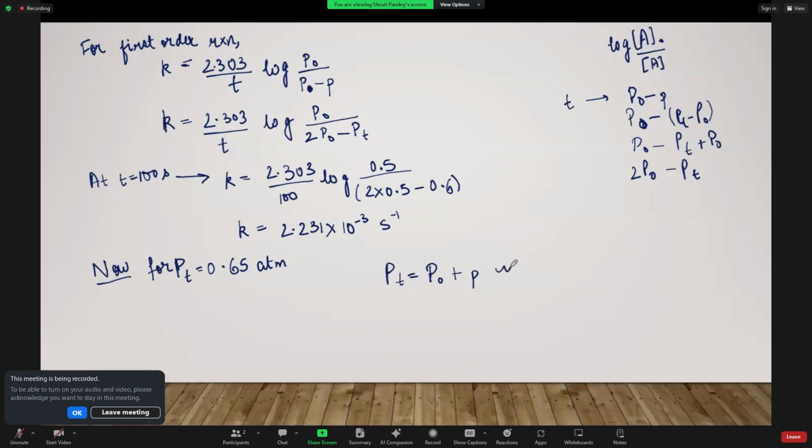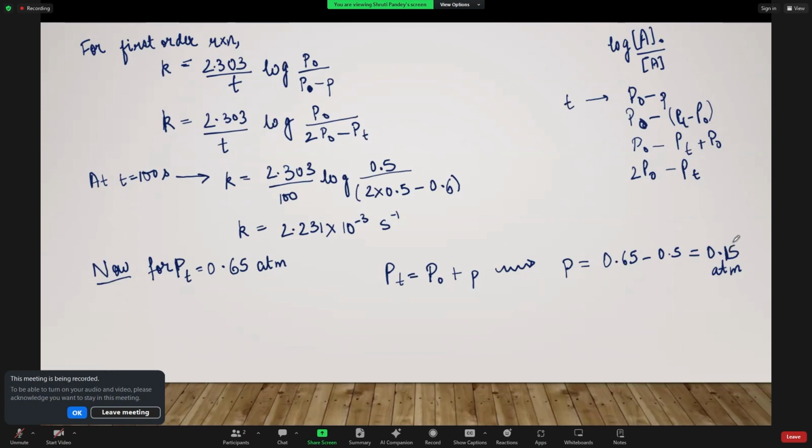So according to this convention, जो हमारा small p होगा, that will be PT minus P naught, which is 0.65 minus 0.5, which is 0.15. ठीक है, this is small p value. ATM. Obviously, everything is ATM. These are all pressures. So this is small p, which is 0.15 ATM according to our convention.